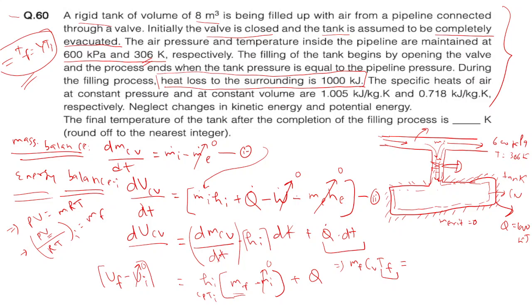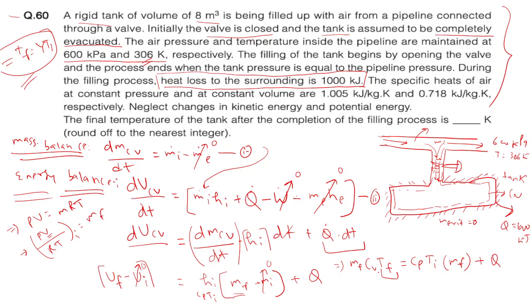Yes, sir. So I think you can calculate now. Ti is known, mf is known, and Q is also known. Correct? Got it or not? Yes, sir.